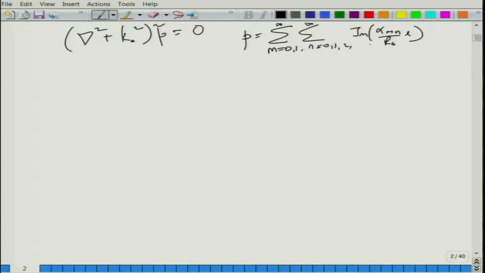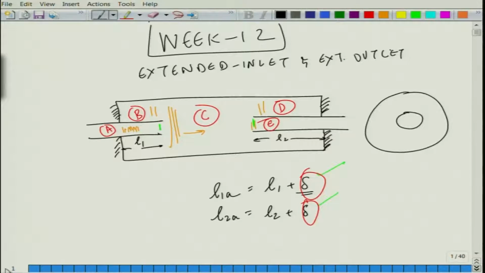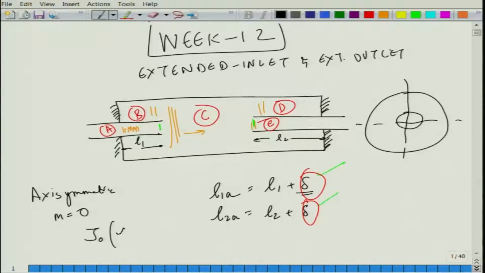And note another thing that I forgot to tell you, sorry for that: for such a configuration only the axisymmetric mode will propagate. What it means is that only the m equal to 0 mode, that is Bessel functions, or in an annular region Neumann functions, will propagate.